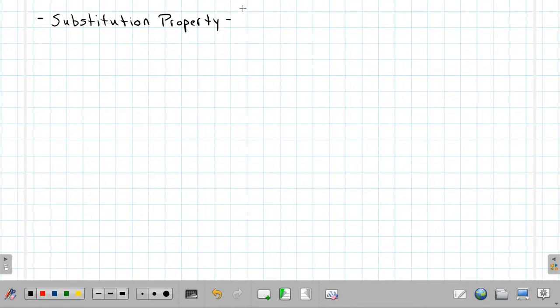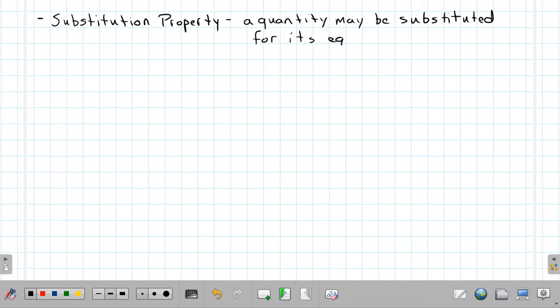And what the substitution property tells us is a quantity may be substituted for its equal. Okay, so when you think of substitution property, I want you to think of the word substitute or replace.